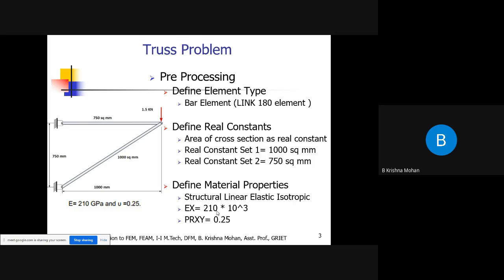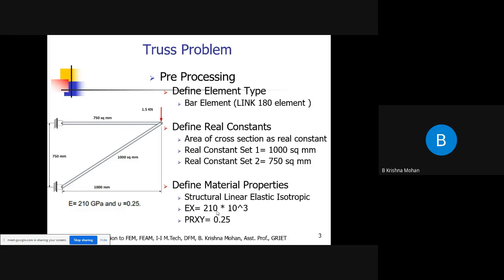So you need to remember that in ANSYS, it doesn't follow any units. So you need to have consistency. Like if you are specifying lengths in terms of millimeters, all the lengths should be specified in terms of millimeters.